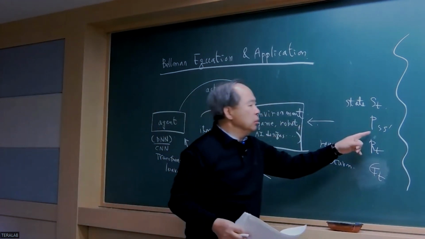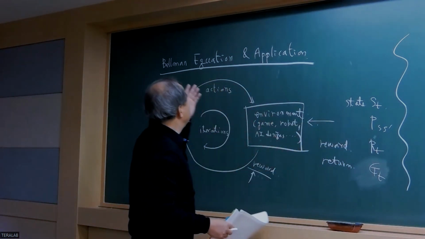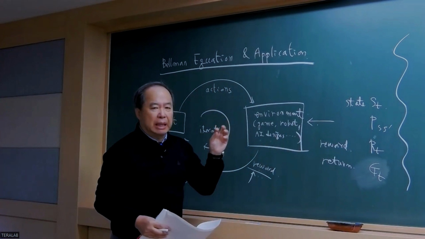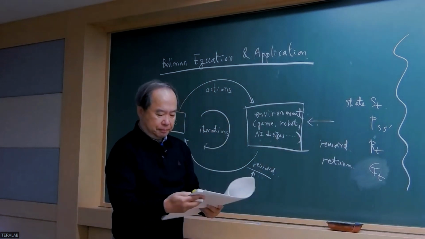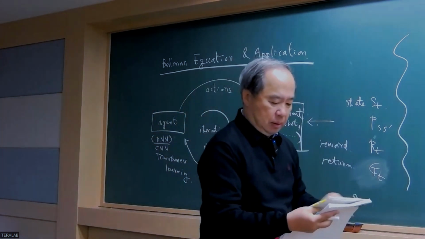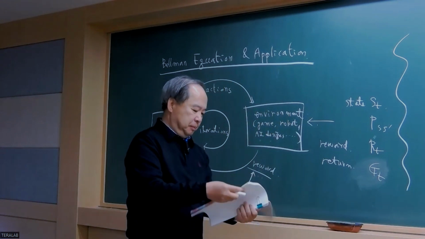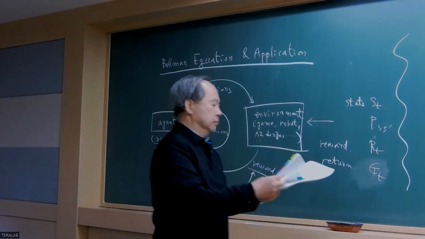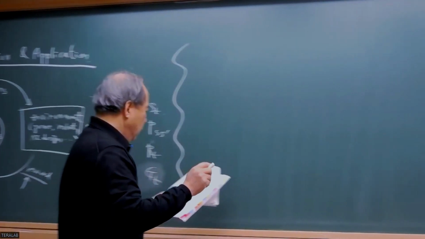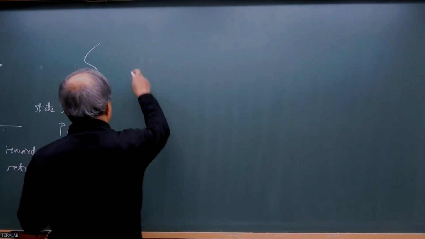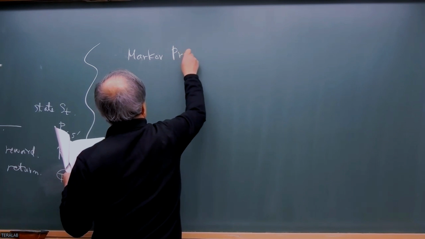Sometimes we don't know this transition probability, then we apply the Monte Carlo method to find the best solution. That will be Wednesday's subject. In order to apply this reinforcement learning, we have to meet Markov property.